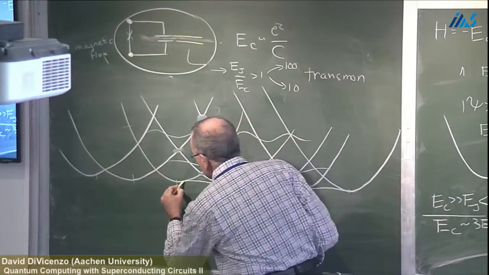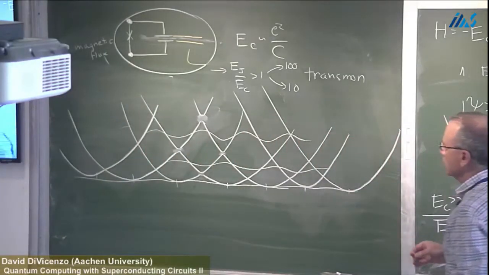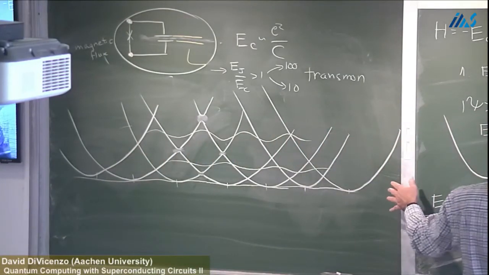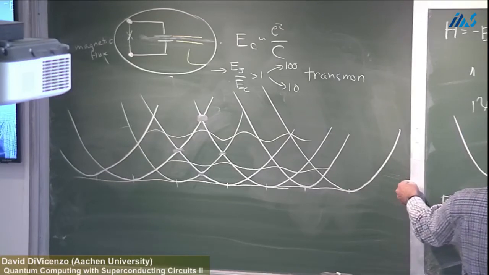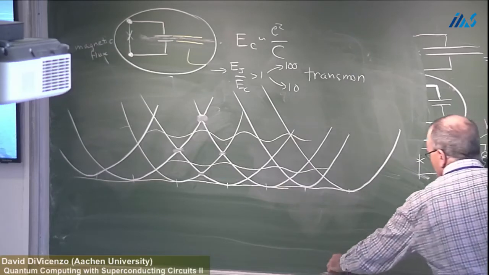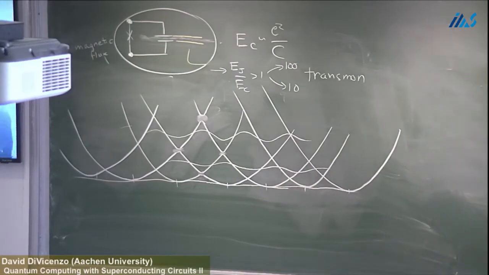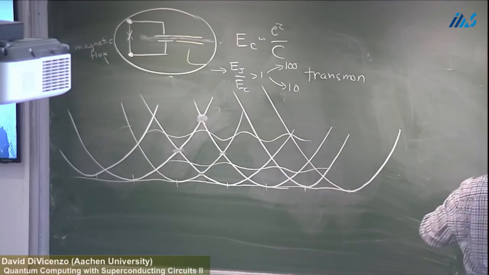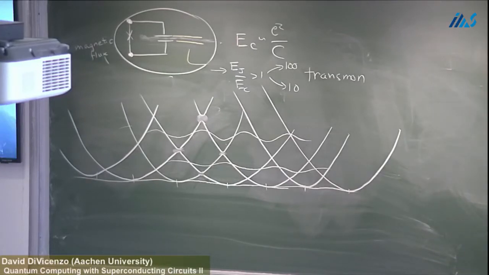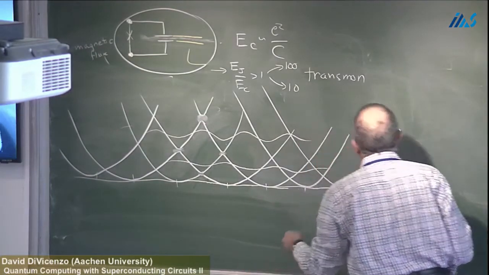So what's the point of these getting flat? In order to understand that, I'll leave this up and erase more over here. I should understand what's happening to the wave function in this case. And to do that, I'll do another sketch of this Schrödinger equation problem.